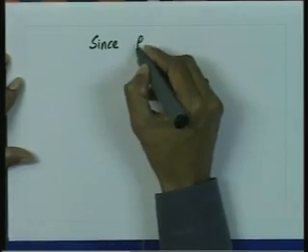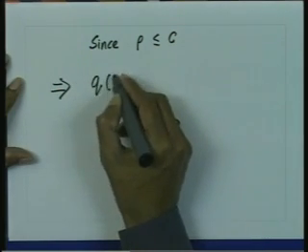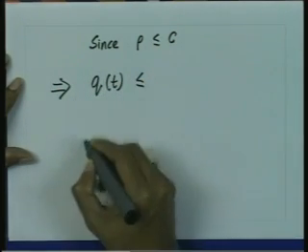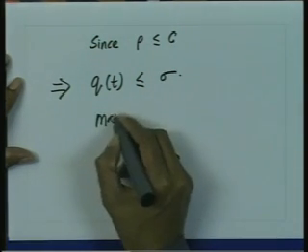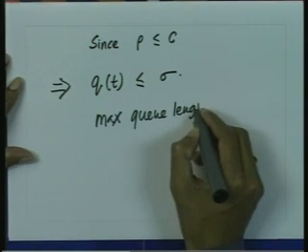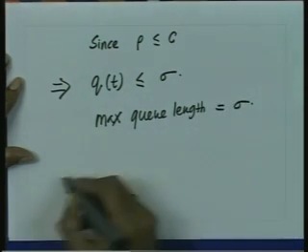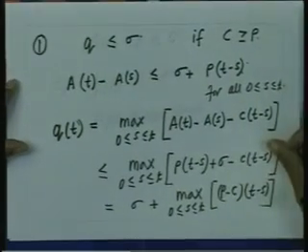Okay, so it proves that Qt is less than or equal to sigma. So that means max queue length will be equal to sigma, right. So this is what we have proved from this result.